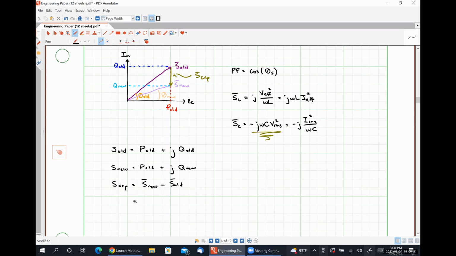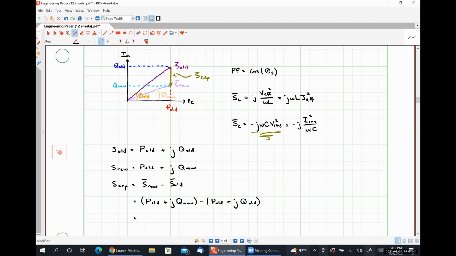Which is going to look like P old plus J Q new minus P old plus J Q old. P old minus P old cancels out.